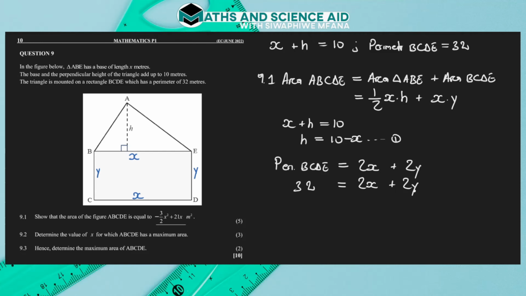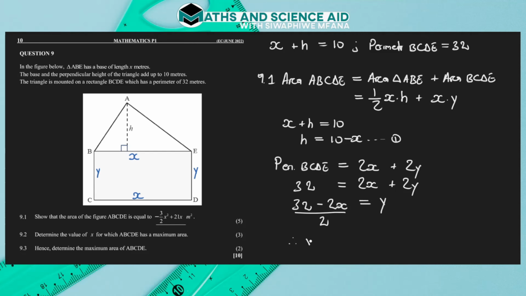And our job here is to work out what y is equal to in terms of x. So we need to transpose 2x into the left-hand side, and then we need to divide by 2 on both sides of the equation so that we get the value of y.